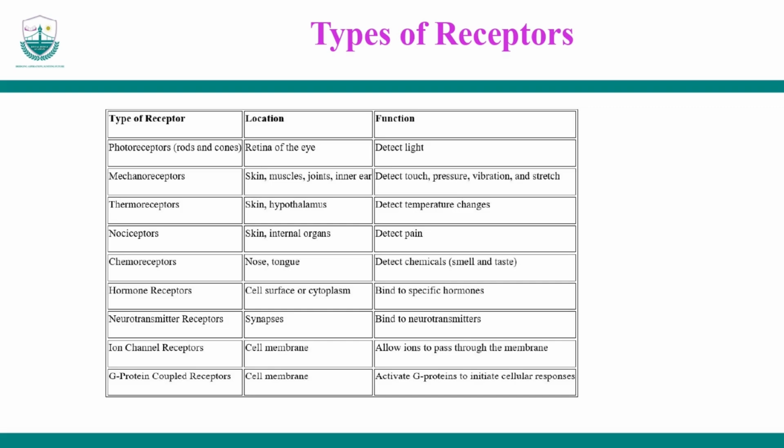And then we have hormonal receptors or hormone receptors. Hormones work on specific target organs. This is because these organs have receptors where the hormones will actually bind. So we call them hormone receptors. And then you have neurotransmitter receptors.